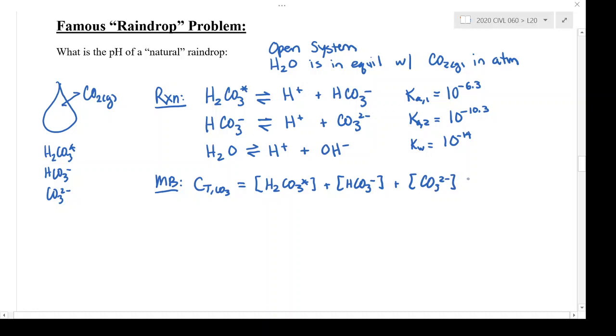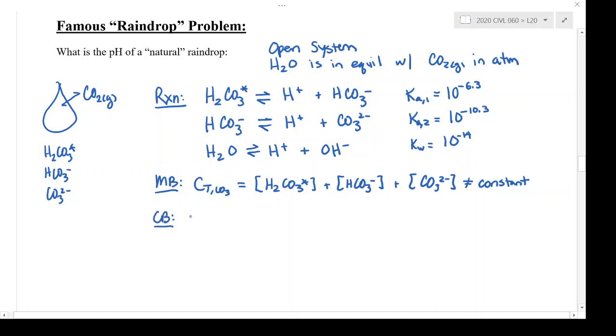It's important to note that because this is an open system, this is not constant, because CO2 can come into and go out of our raindrop. So it can change depending on the conditions.